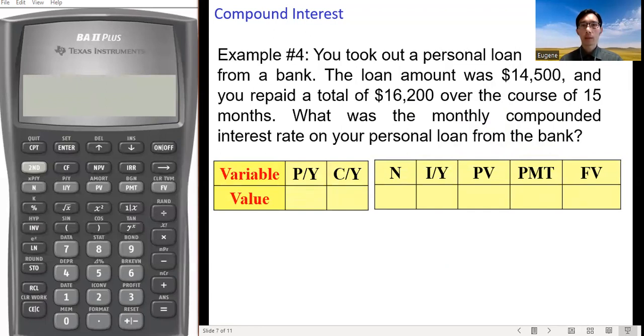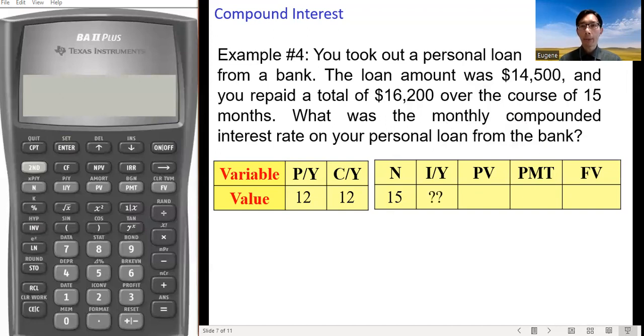The frequencies: the interest rate is compounded monthly, PY and CY equal 12. N equals 15, 15 months. Interest rate is compounded monthly, so altogether the total number of compounding periods is 15.